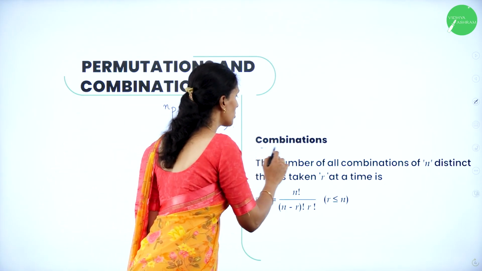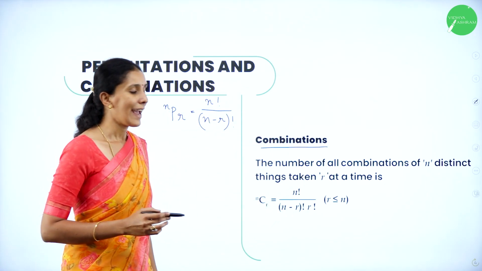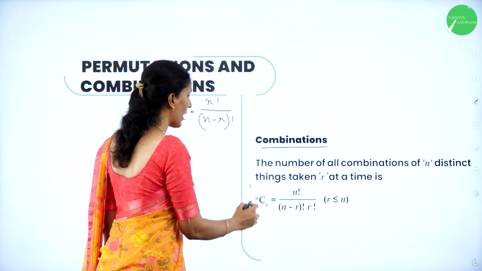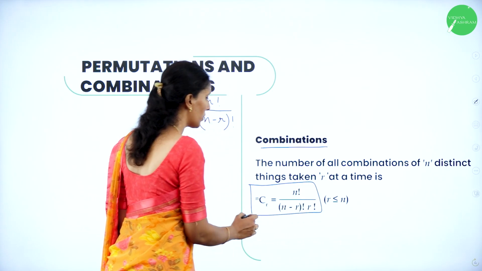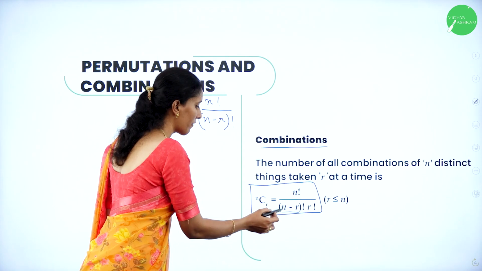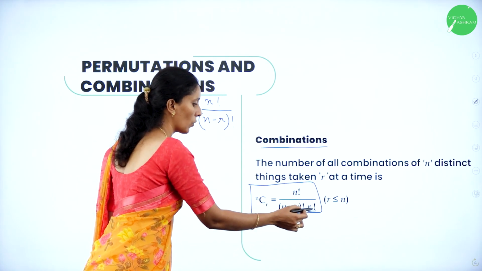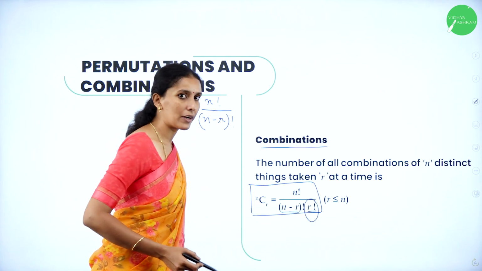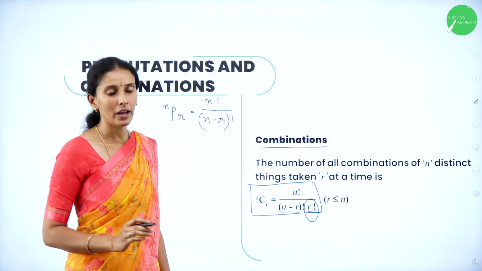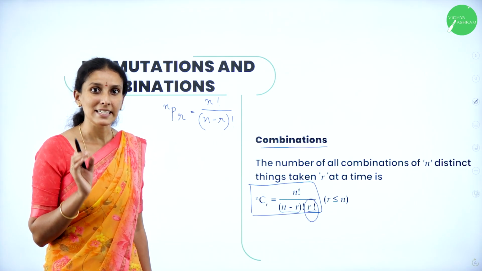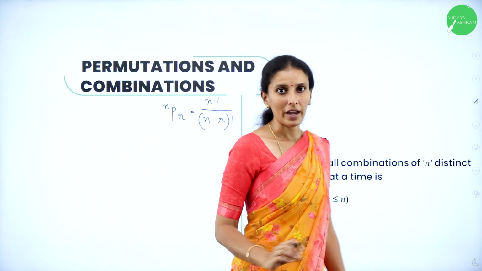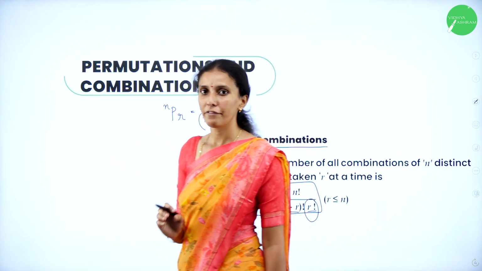The combination of n distinct objects taken r at a time is given by nCr equal to n factorial divided by n minus r factorial into r factorial. Why have we divided by r factorial here? Because the order doesn't matter. The arrangements are taken as the same in terms of combination. So here the order doesn't matter. That's why we have divided by r factorial.